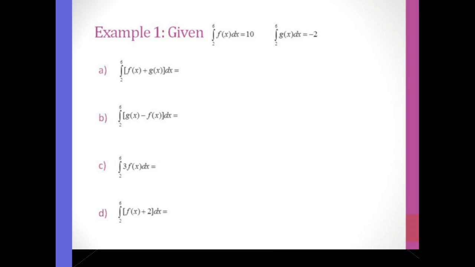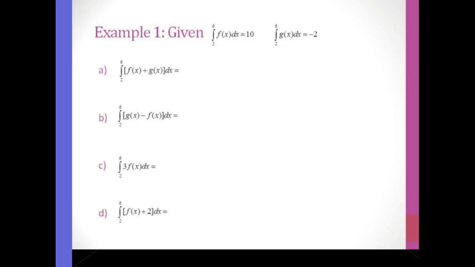So we have two given statements. We are given the integral from 2 to 6 of f of x dx is equal to 10. We're also given that the integral from 2 to 6 of g of x dx is equal to negative 2. So we know values for two different functions.